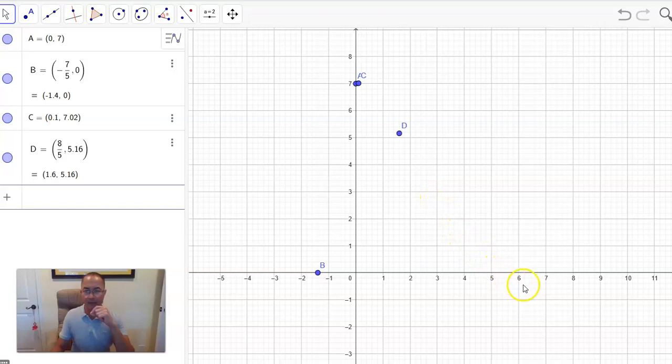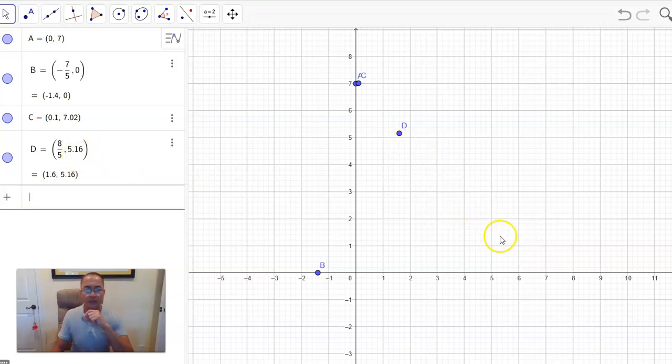Now, can we cross the x-axis once again? No, that's not going to be possible anymore because we only have one x-intercept. We have exactly one x-intercept. So yeah, we don't have a lot of data to the right of this inflection point.